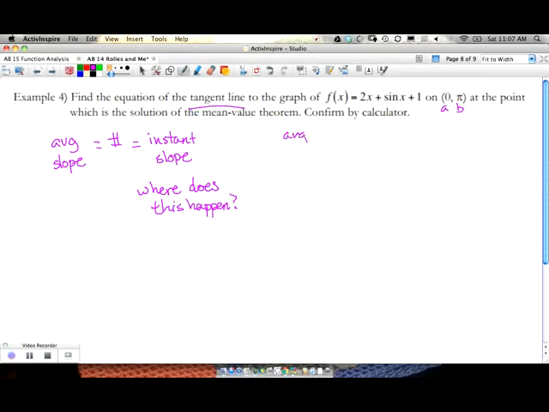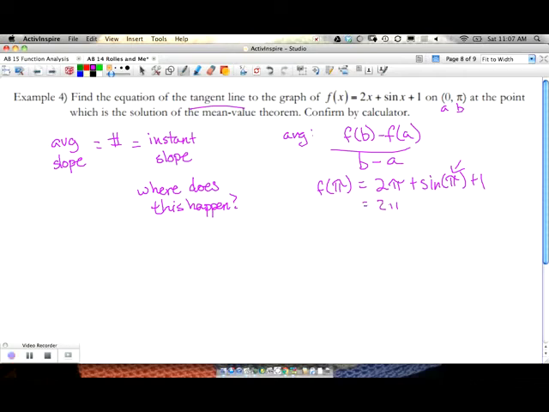All right. Well, the average slope, that's going to be f of b minus f of a over b minus a. Let's figure that out. That's going to be f of pi, which is equal to 2 times pi plus sine of pi plus 1. Well, sine of pi is 0.